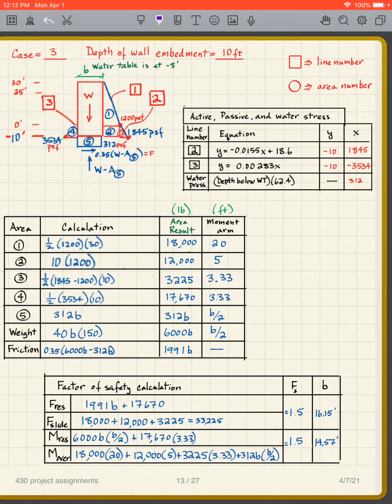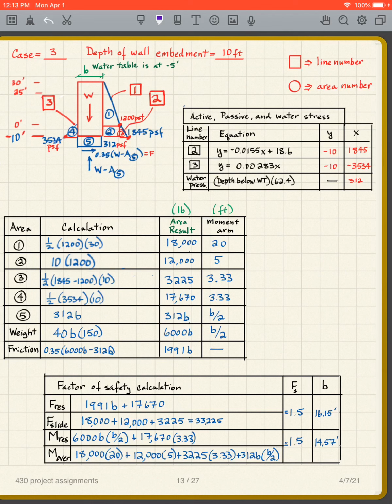For the moment factor of safety, I have to find the resisting moment. So again, I'm taking moments about this particular point here. What resists overturning is this passive zone and the weight. So it's a gravity wall. The weight creates the friction, the weight resists overturning, and that's why we call it a gravity wall.